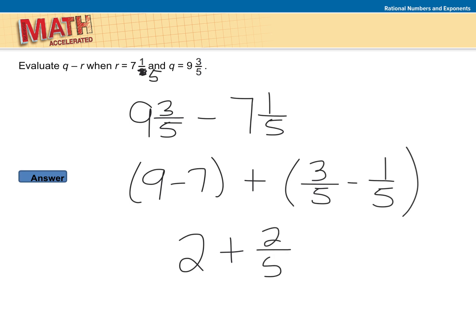Keep your same denominator, and then subtract your numerators. Can I leave it like this? No, they're separated, so I need to put them together. So what does it look like when I put them together? 2 and 2/5. That's in simplest form, right? Yep.